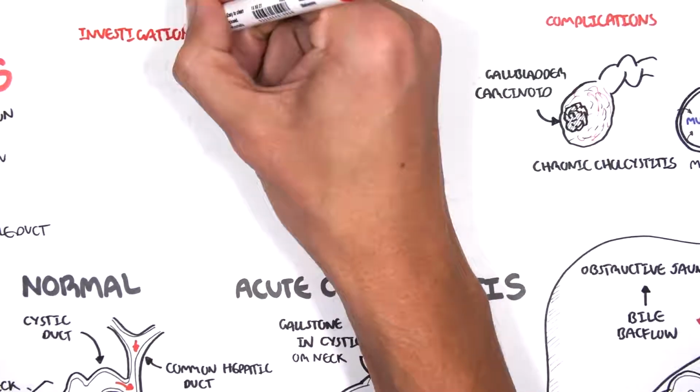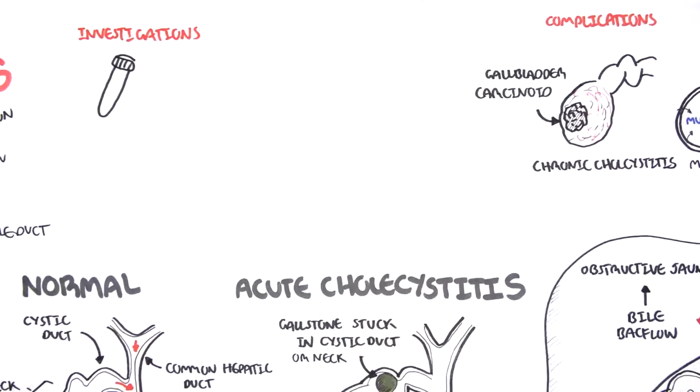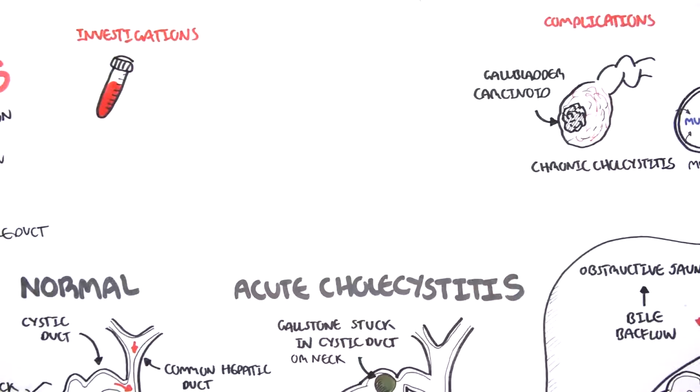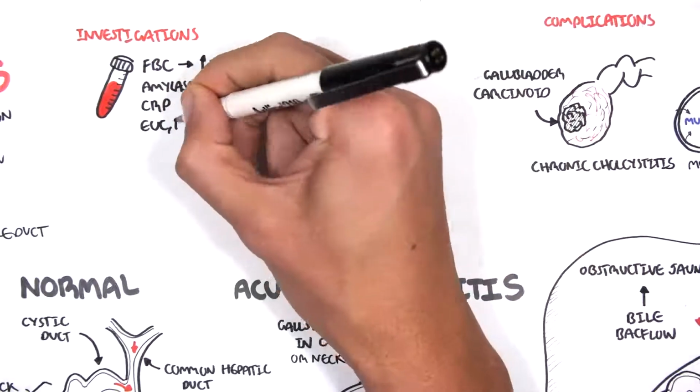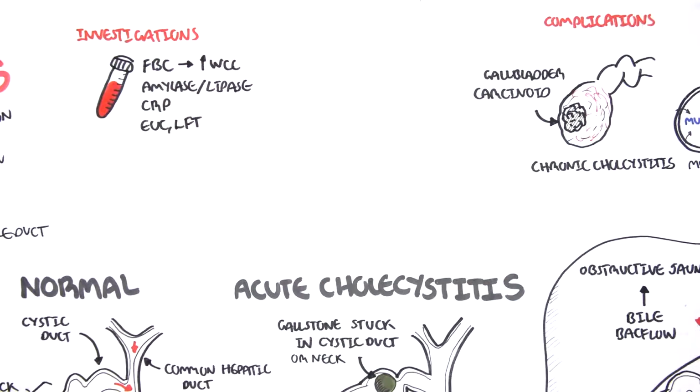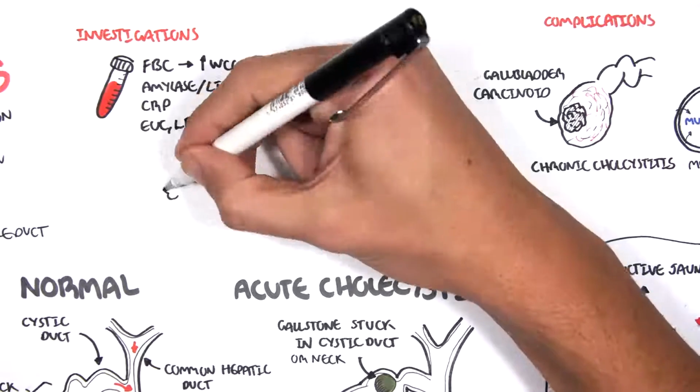Investigations that can be performed with a person suspected of biliary tree problems include full blood count, which may show raised white cell counts, amylase and lipase to check for pancreatitis, CRP, EUCs, and LFTs. LFTs are important because there will be abnormal LFTs with a problem that occurs in the biliary tree system.